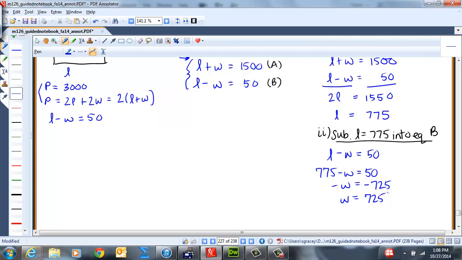So for our conclusion, they asked us for the dimensions. So here we go.